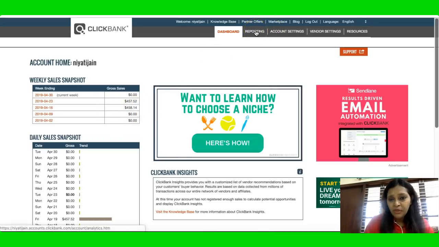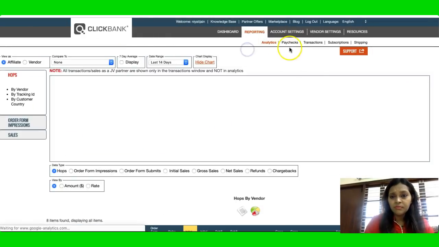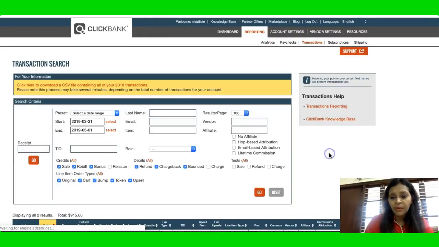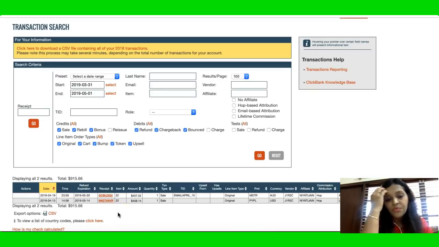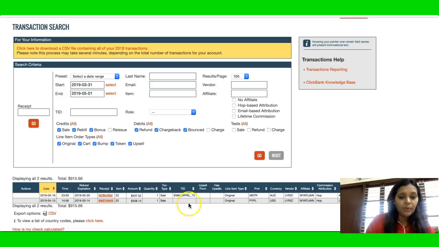Okay, so let me also show you the transactions which actually happened. You can see here two results for 2 weeks, because I was applying the strategies, and yes, I was even able to collect the leads also.